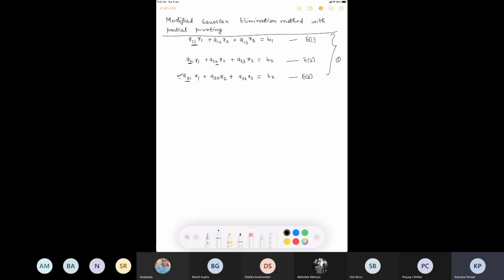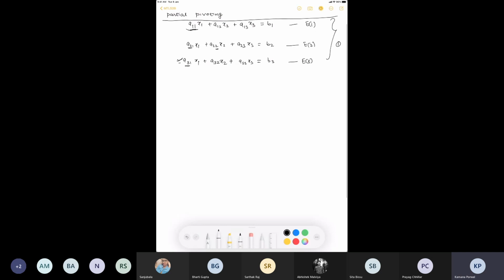Whether you solve these 3 equations in this order or you keep the third equation first and the first equation last, it does not make a difference. The solution is not going to change. So I'll exchange the third row with the first row, and then I will apply Gaussian elimination, that is, I will eliminate x1 from the next two rows using the coefficient which I will have here, which I know is going to be non-zero because I'm taking the maximum of all, right? So this is the modification. This is how we are going to remove the assumption of the coefficients being non-zero, right?